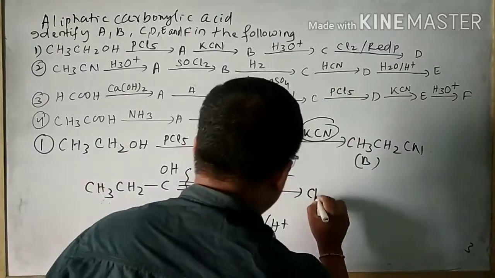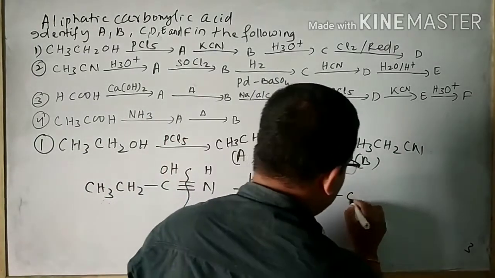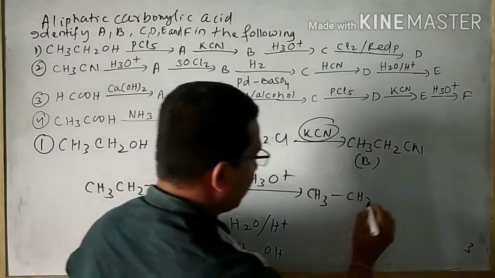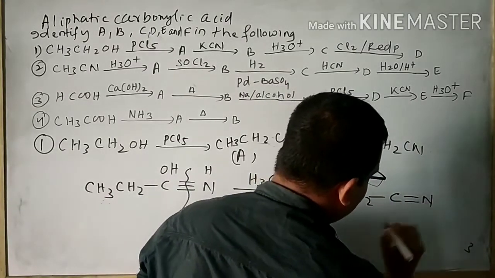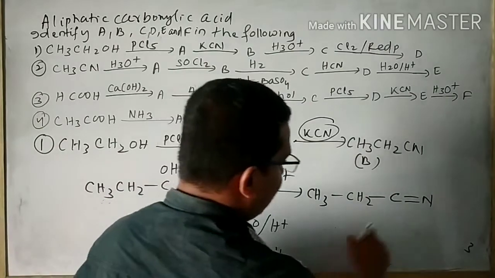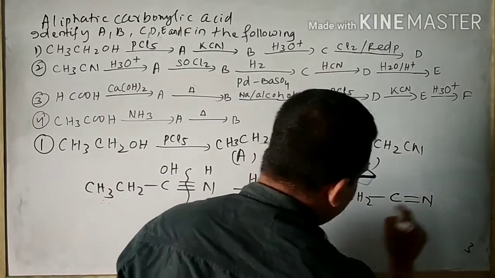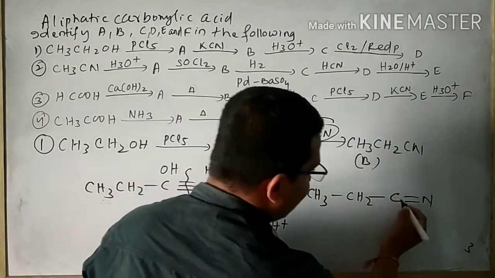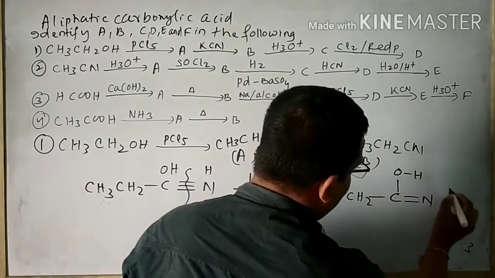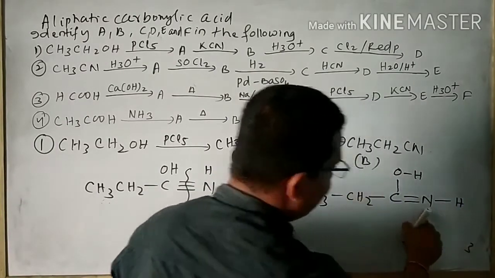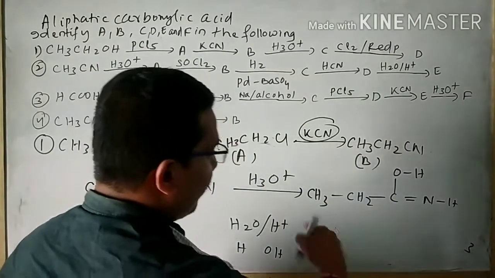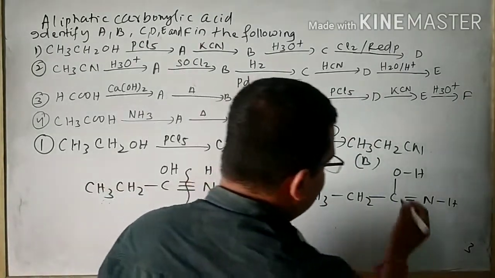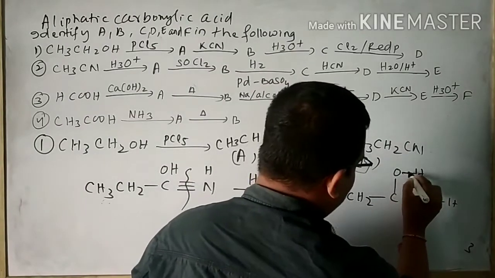Then what will happen? CH3 bond CH2, next there is a double bond between the carbon and nitrogen atom, and the OH is attached here and the hydrogen atom attached here. This is an unstable product. It always wants to be stable. This can be stabilized like this.